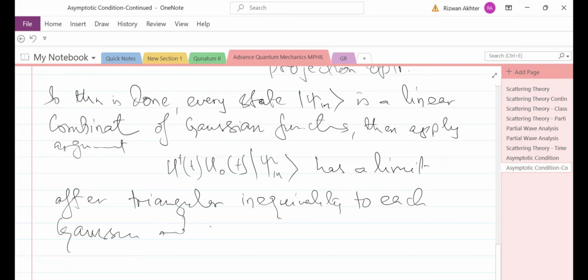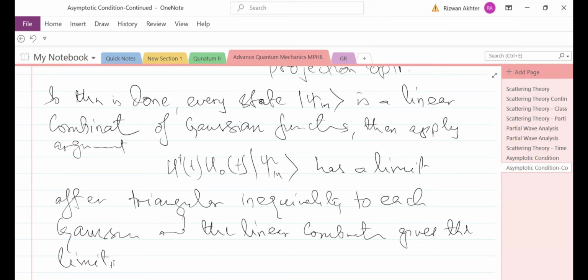And the linear combination gives the limit. Yeah, so it is not just for one psi, but all those particles interacting with the target. This argument applies to all those particles, giving some limiting value.